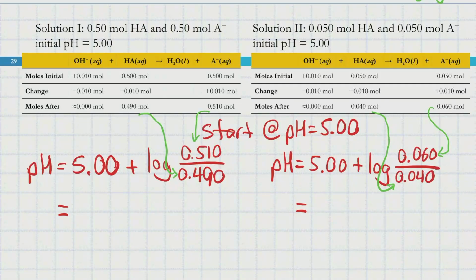In solution 1, our pH jumps up to 5.02. And in solution 2, our pH jumps up to 5.18. Since we had the same starting place of 5, I don't think we need to look at the percentages because we can see that the absolute change in pH was higher, so the percent change is also going to be higher.